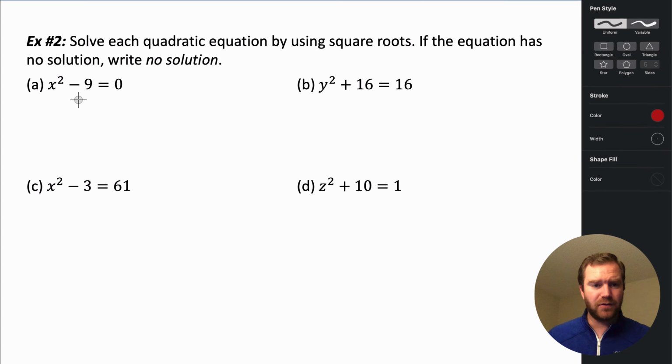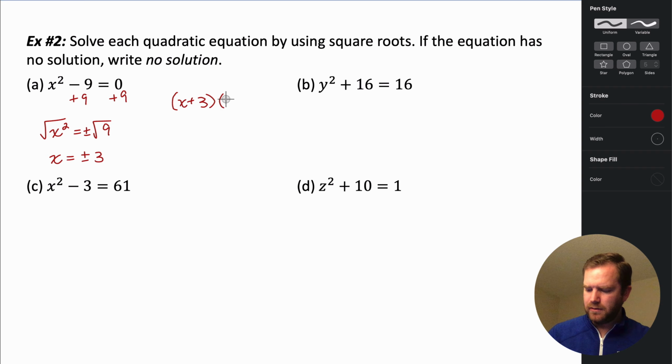But because it's telling us to use square roots, if I wanted to solve this using square roots, I would have to first add 9. So that's going to give me x squared equals 9. Take the square root of both sides, remembering it's the plus or minus square root. The square root of x squared is x. The square root of 9 is 3, and I get x is plus or minus 3. So again, if we go back to that factored form, it was x plus 3, x minus 3 equals 0, right?